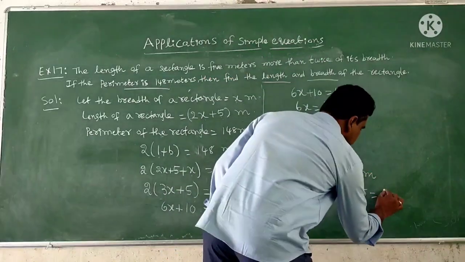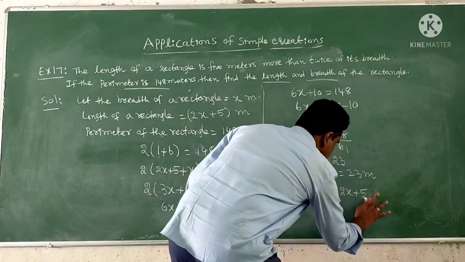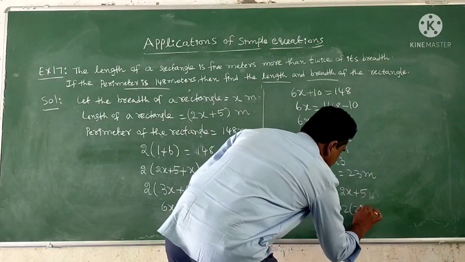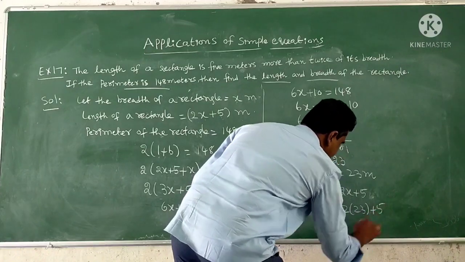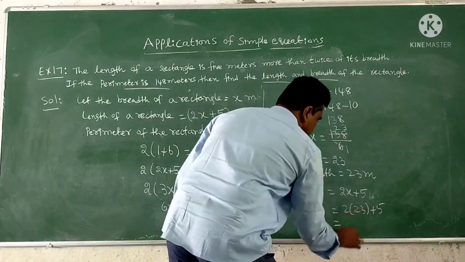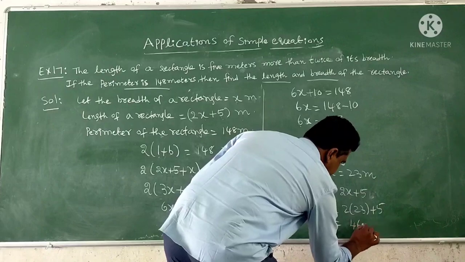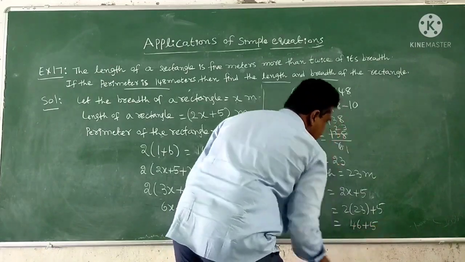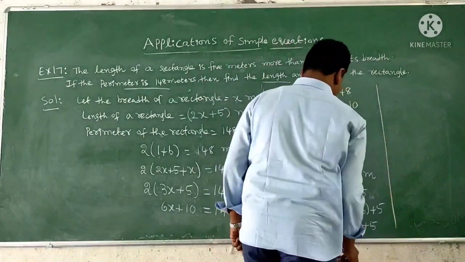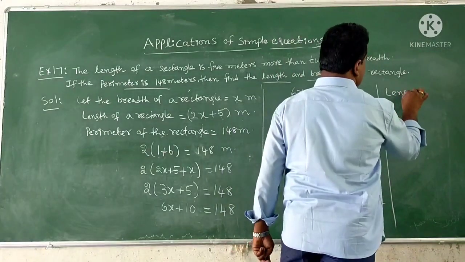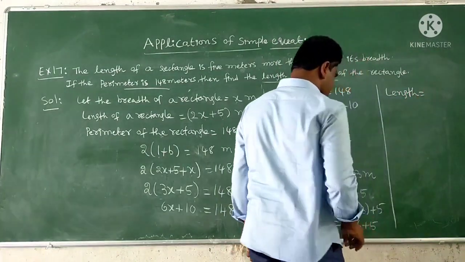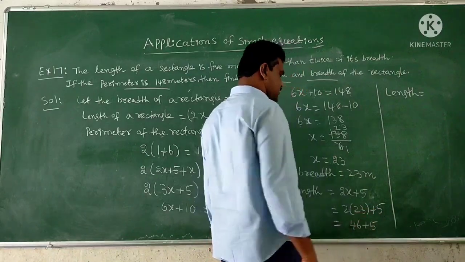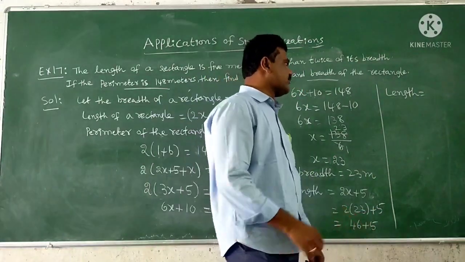So 2 into 23 plus 5. 2 into 23, 46, plus 5. What is 46 plus 5? 51.